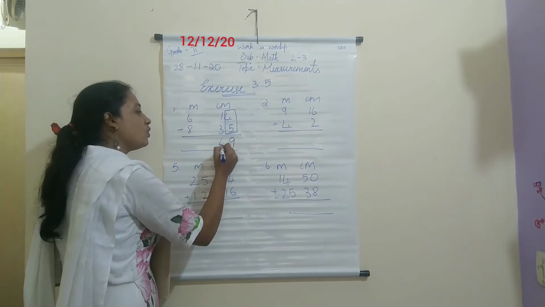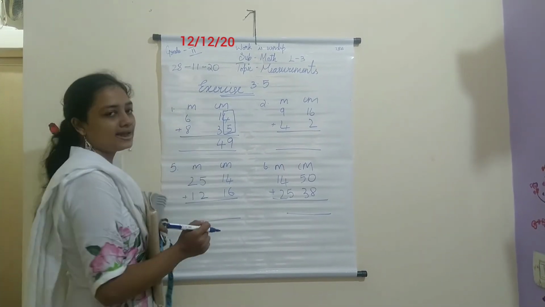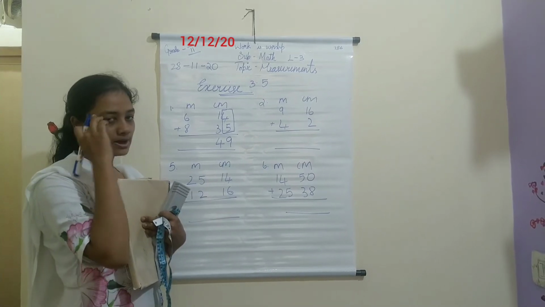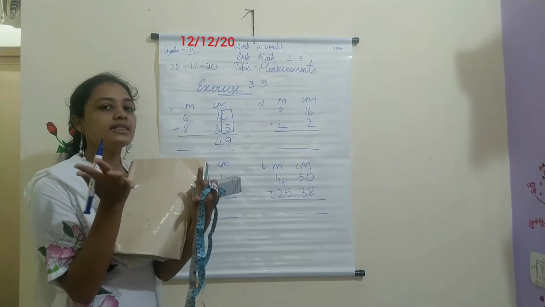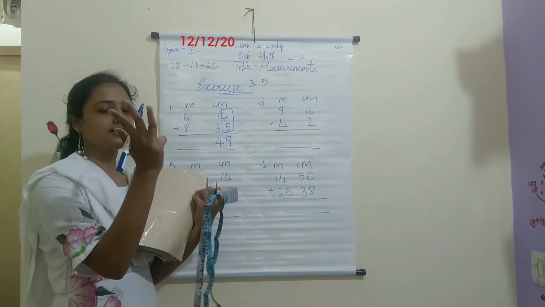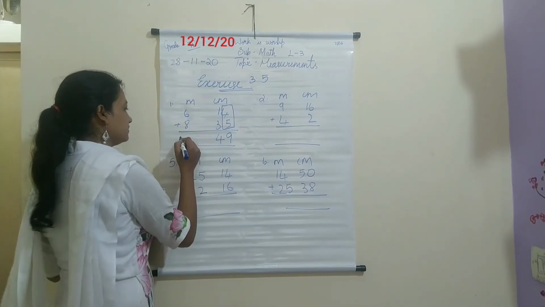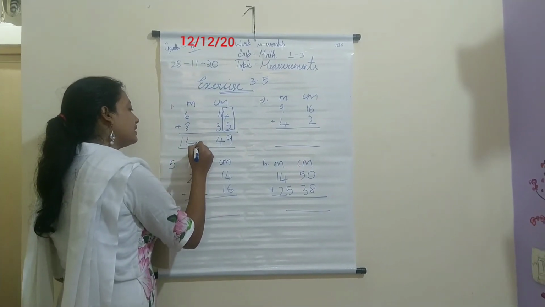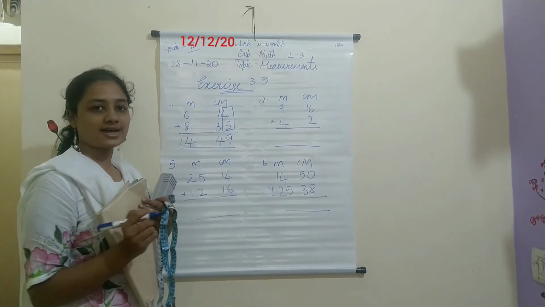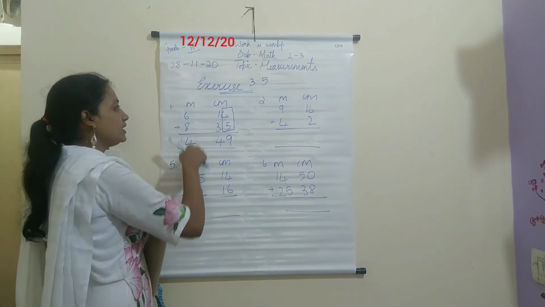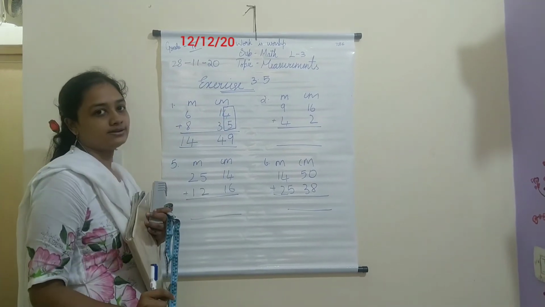That will be 4. Now I have 6 plus 8. So 6 in your mind and 8 on your fingers. After 6, 7, 8, 9, 10, 11, 12, 13, 14. So I am going to write 14 here. This is my first answer. That is 14 meters, 49 centimeters.